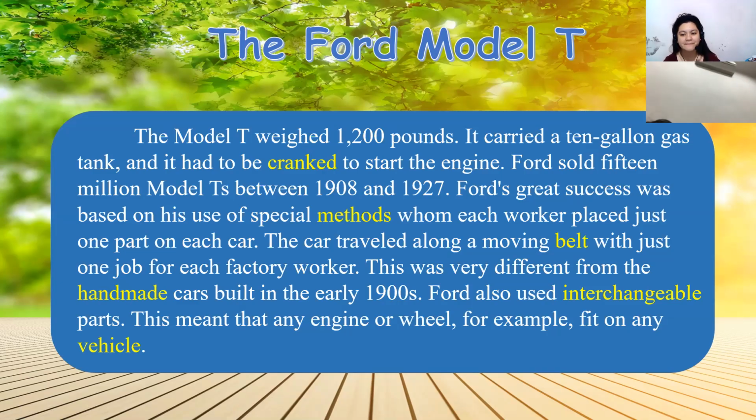Ford's great success was based on his use of special methods, in which each worker placed just one part on each car. The car traveled along a moving belt with just one job for each factory worker. This was very different from the handmade cars built in the early 1900s.